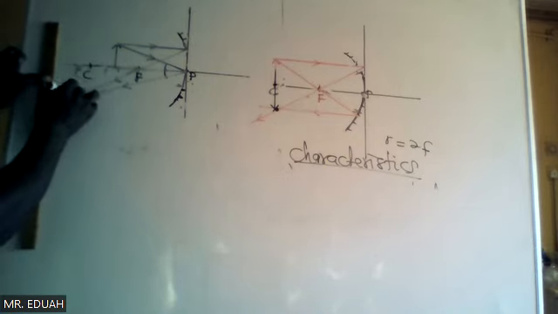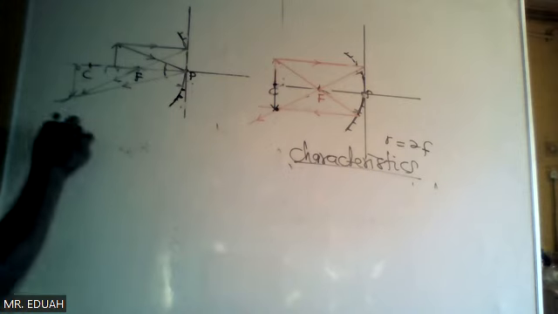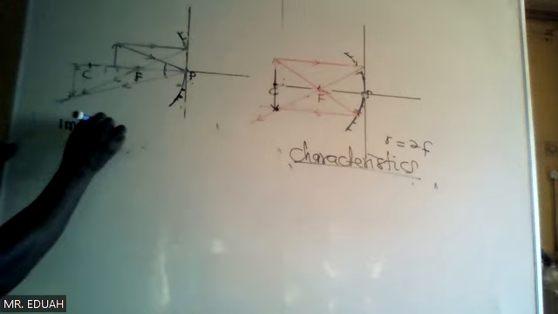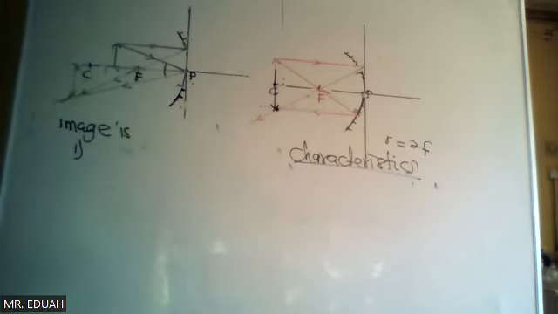So the conclusion you could draw from this ray diagram is that the image is, yes, the image formed is.